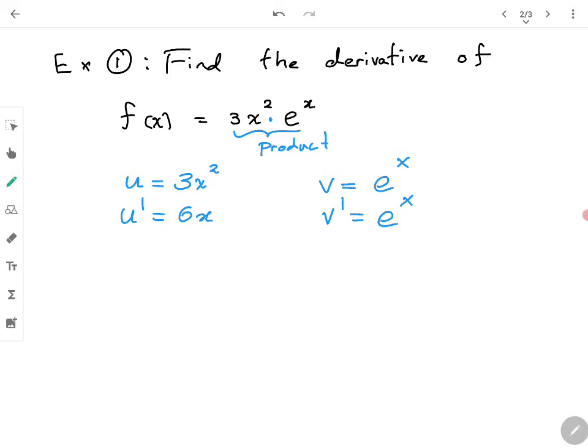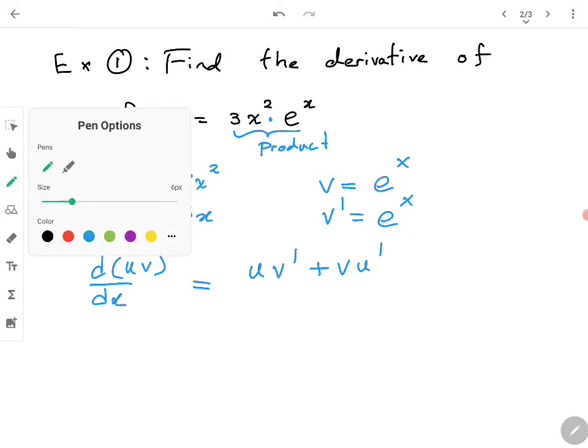So once we have these four terms, we can use the product rule to find the derivative of the function. Let's recall the product rule. The product rule is u v prime plus v u prime.